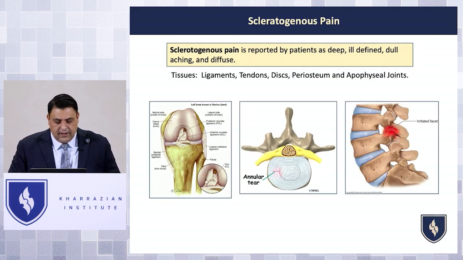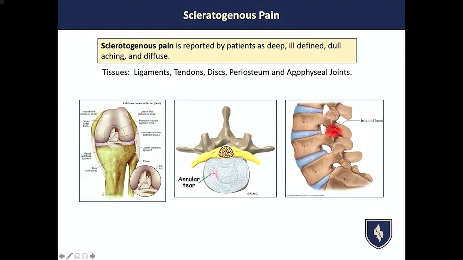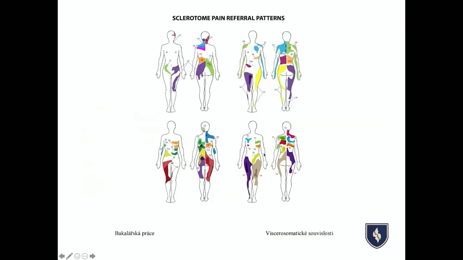Sclerotogenous pain. Sclerotogenous pain is reported by patients as deep, ill-defined, dull, aching, and diffuse. The tissues involved here are ligaments, tendons, disc, periosteum of bones, and apophyseal joints. When those tissues get injured, they can create pain, and they can also create sclerotomal pain referrals.